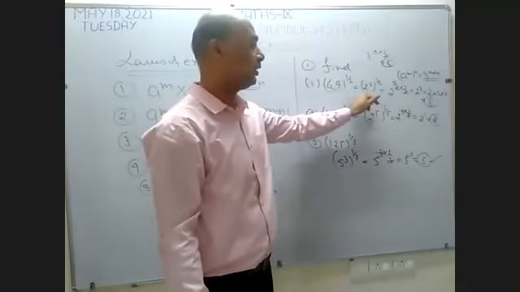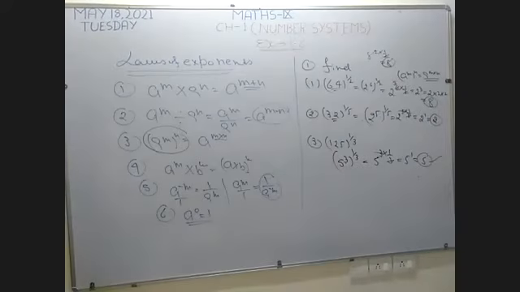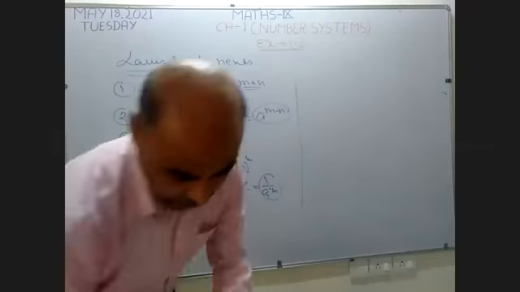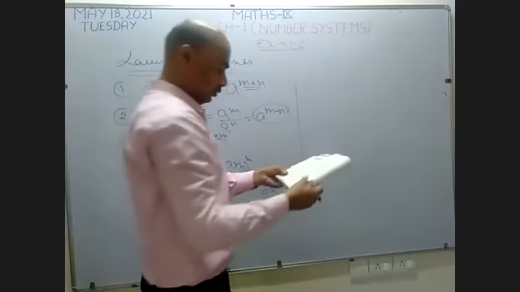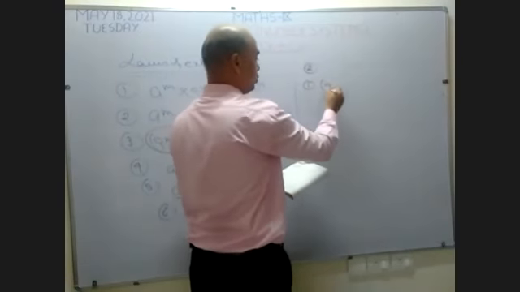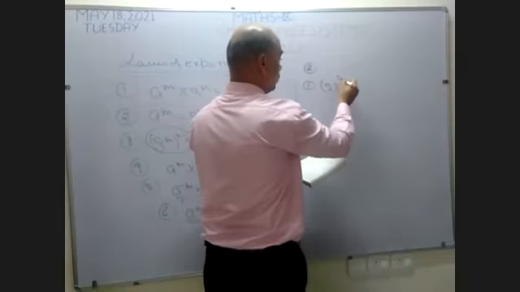Okay, beta. Okay, sir. Now I want to solve the next question. Question number 2. See what is given in this question. The first part is 9 raised to power 3 by 2.